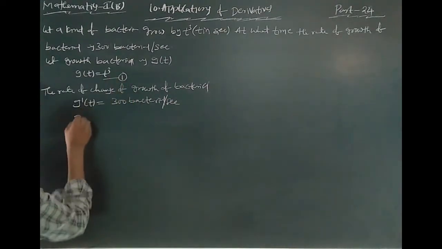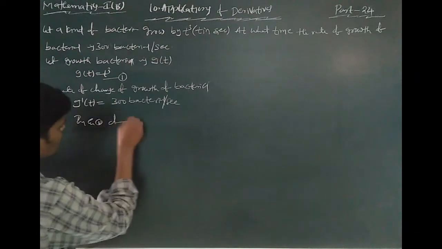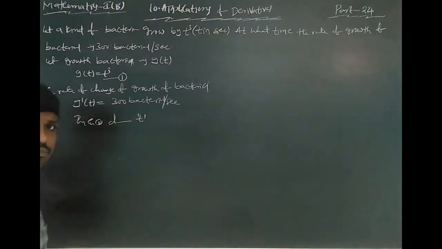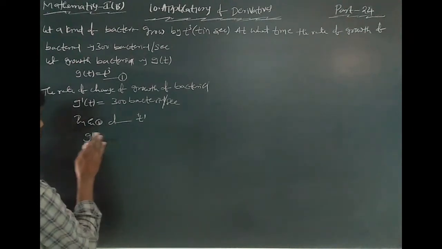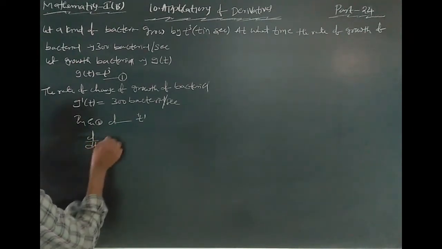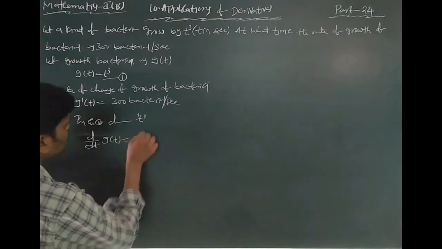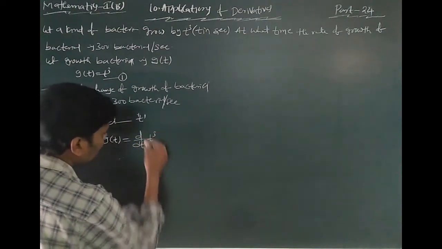Here, first in equation 1, take the derivative on both sides with respect to t. You get g dash of t is equal to d by dt of g of t equal to d by dt of t cube.